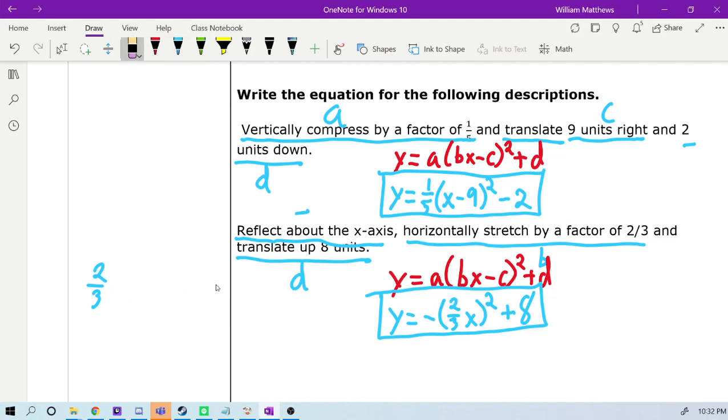That's the main portion there, because it's not always going to be the exact same numbers as 2/3 as it will in our final equation to make sure that the vertex is where it's supposed to be.